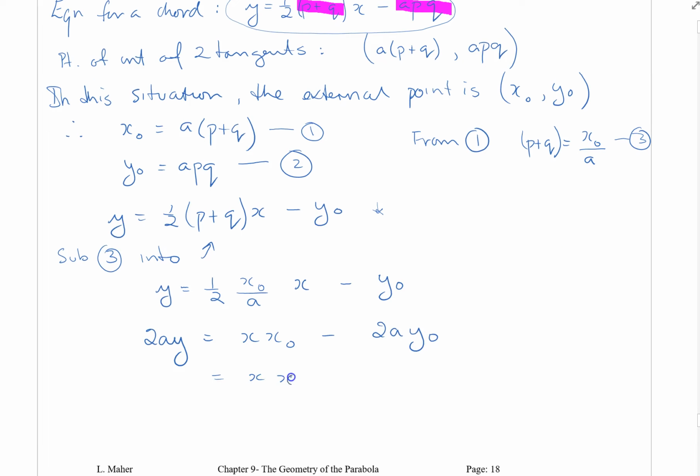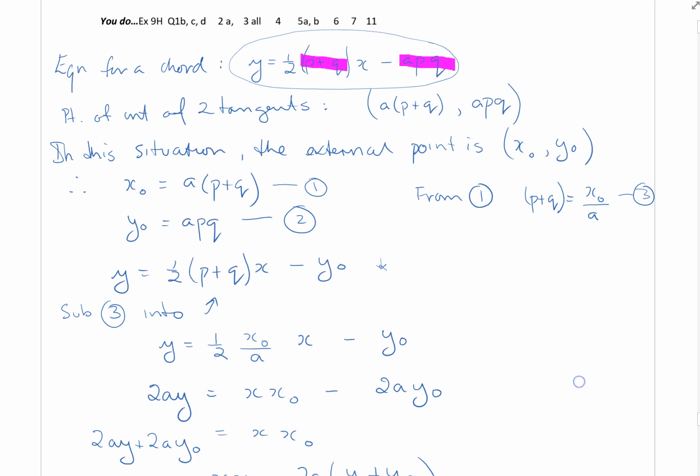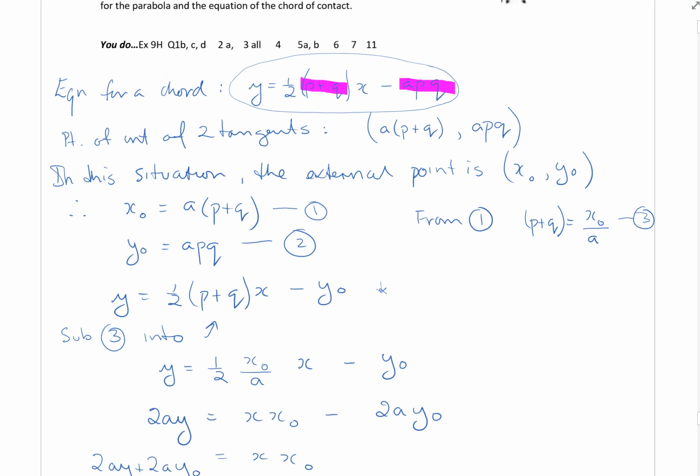I'm going to leave the x naught x because I want that, and I'll have 2ay plus 2ay naught, just bring that term over, and there you can see that you get x naught x is 2a outside of y plus y naught. Now, that is a proof. That's an acceptable proof. Like I said, it's not the proof that you have in your textbook, but it's an acceptable proof. I think the U2 is up there for 9H. Let's see how you go.